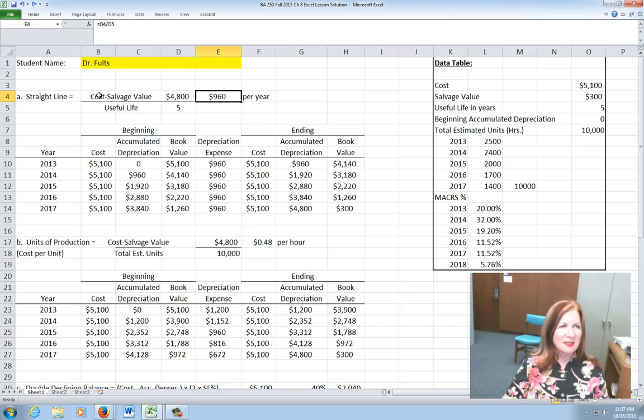Since this is cost minus salvage divided by life, it is D4 divided by D5. So we have D4 divided by D5, and we get $960, and that's per year. Every year, that's what the depreciation expense will be. So we've derived these amounts from this formula using the data table.